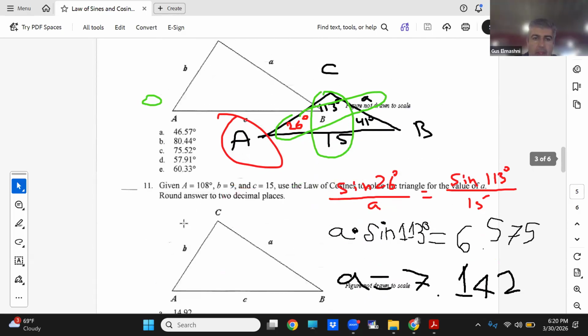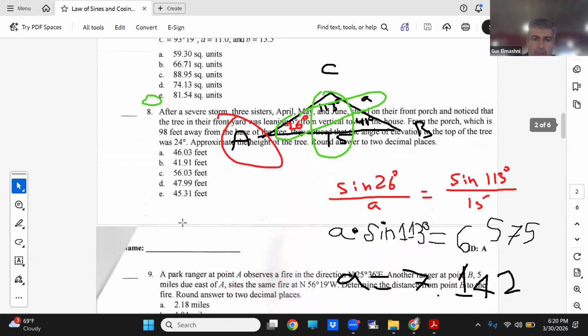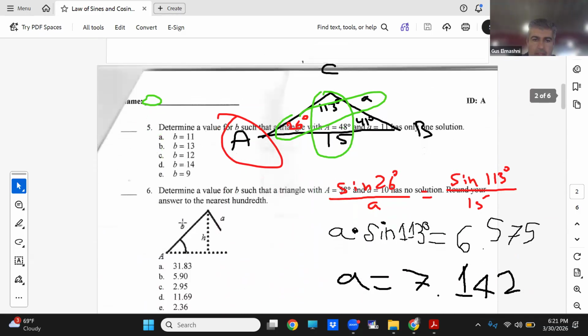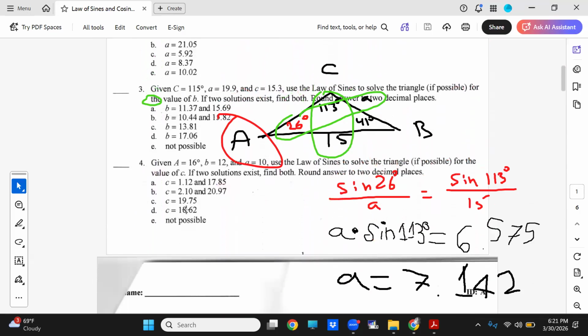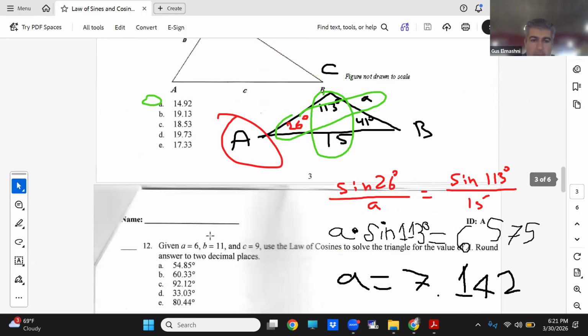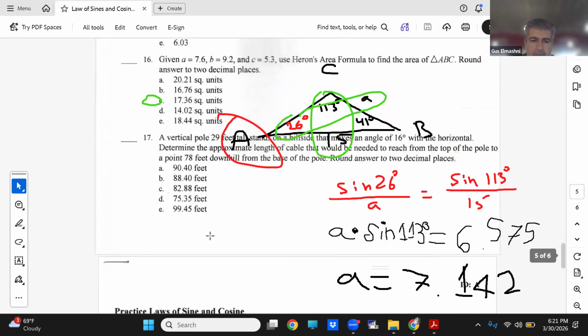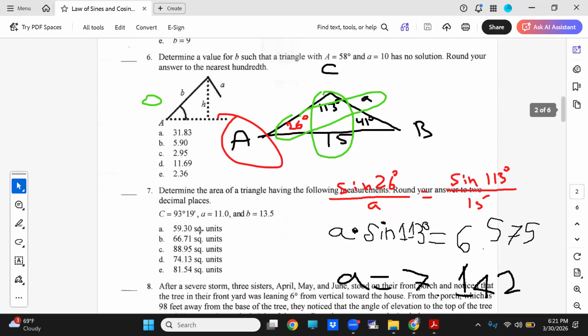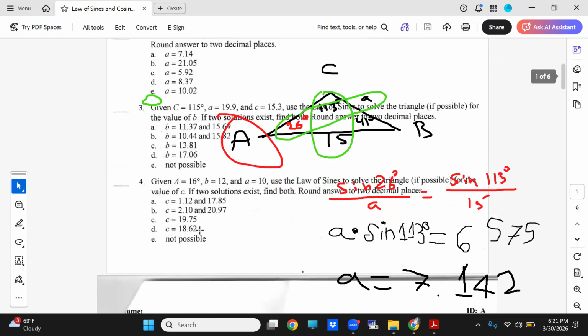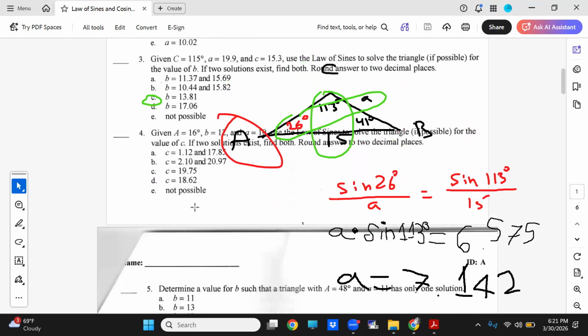Good work. Okay, so let's do one that's a little strange. It's called ambiguous case. Have you guys talked about that? No. Okay, you might be doing that. My teacher said that we aren't going to get into that too much quite yet.